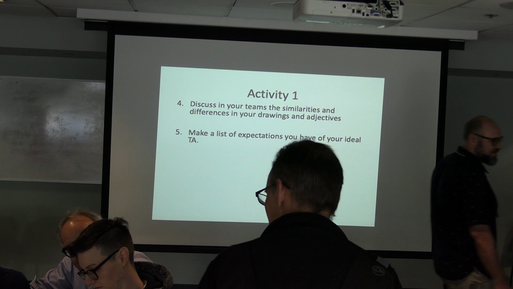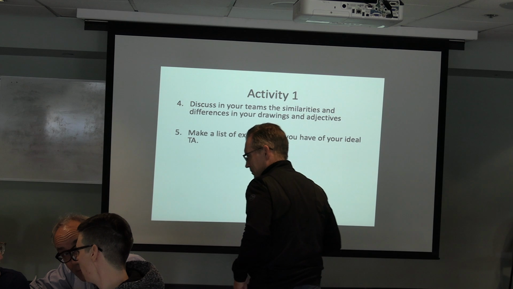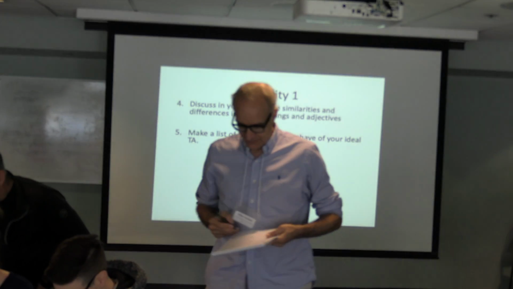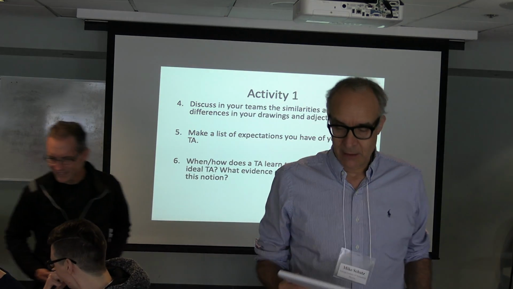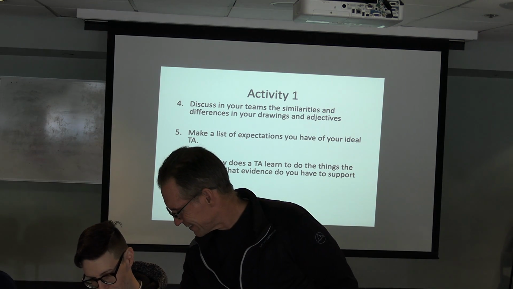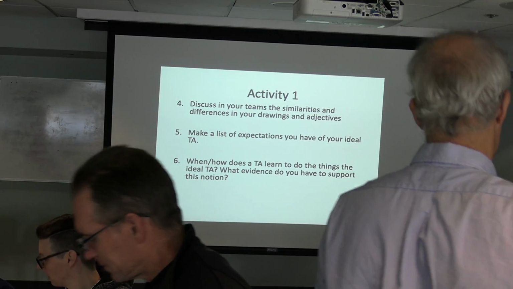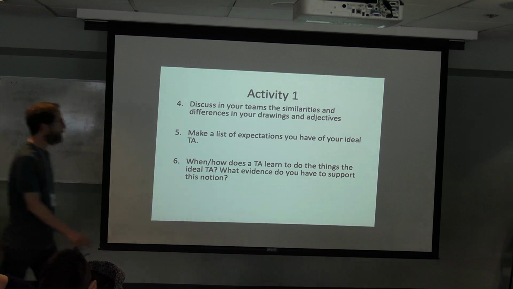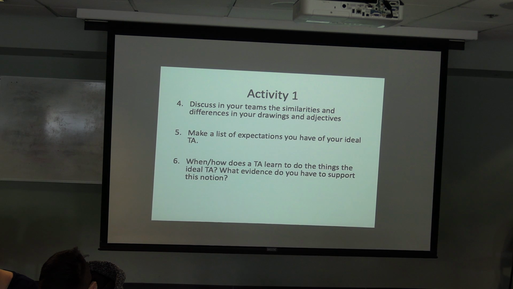Okay, so now that your team has a list of expectations of your ideal TA, this is where the rubber meets the road, your next task. So when or how does a TA learn to do the things that you've said an ideal TA should do? And if you know that they do them, what evidence do you have to support this notion of when they learn it? This is where we start getting into action planning.